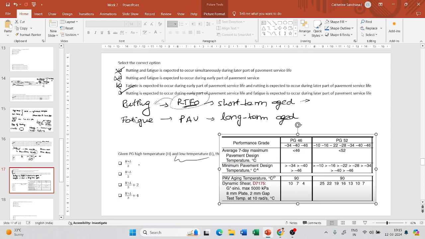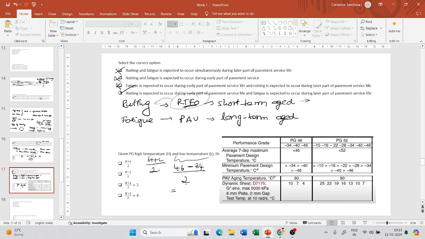One option says that it is the average of the two temperatures. Okay, so the high temperature is 46. So let us check for this. High temperature is 46, low temperature is minus 34, divided by 2.